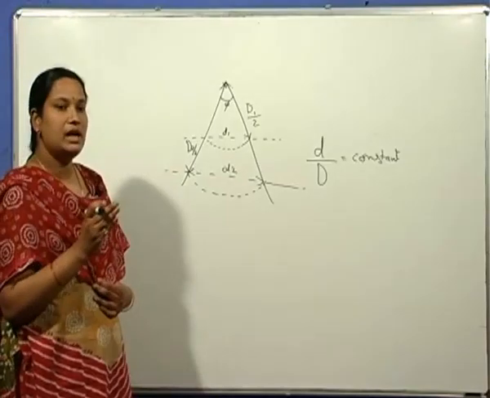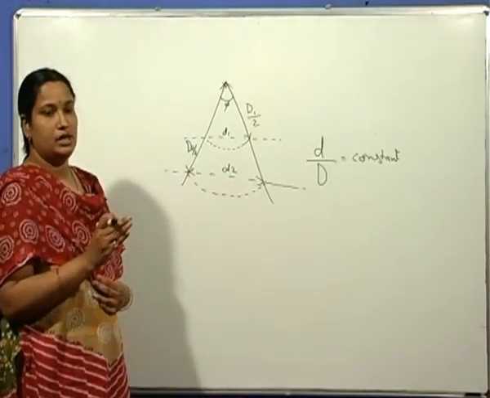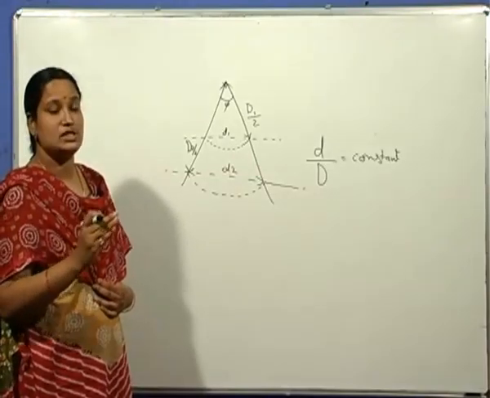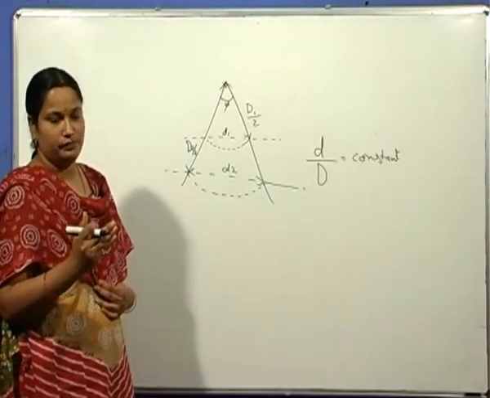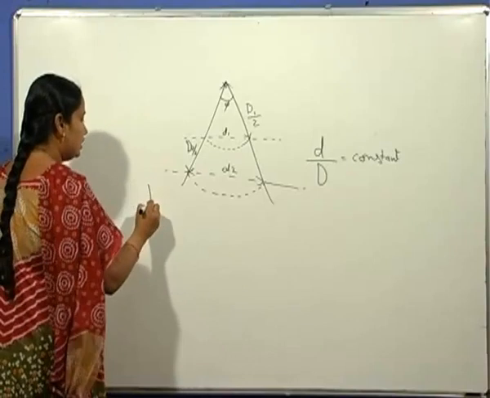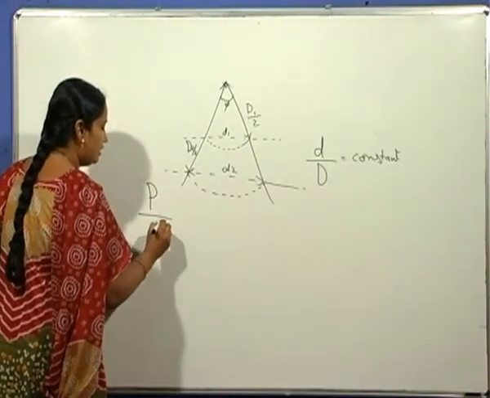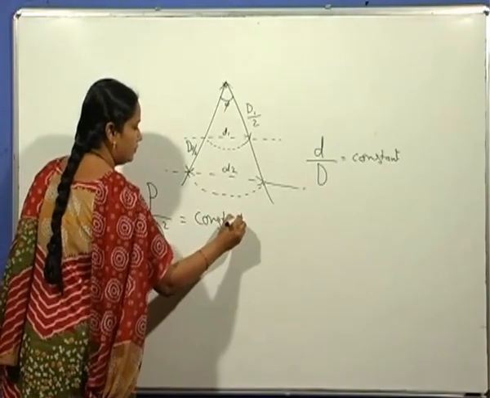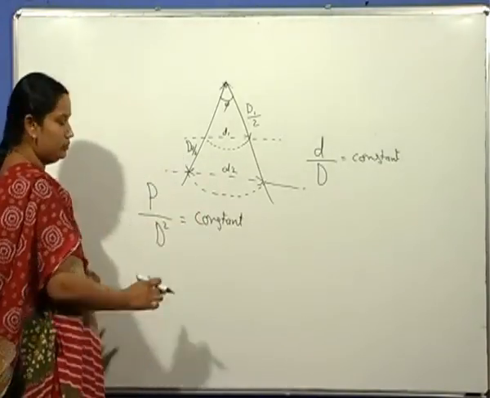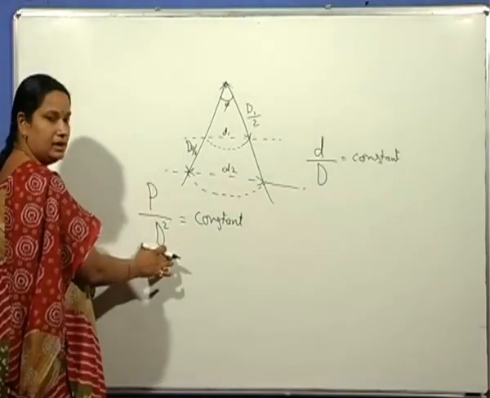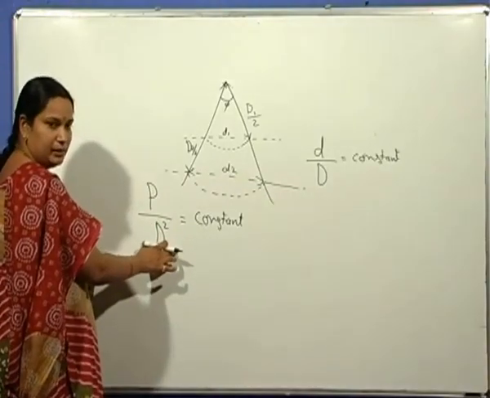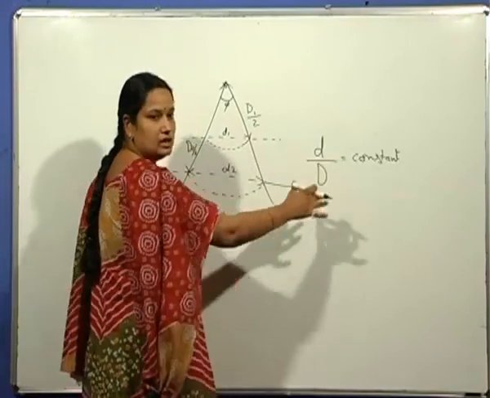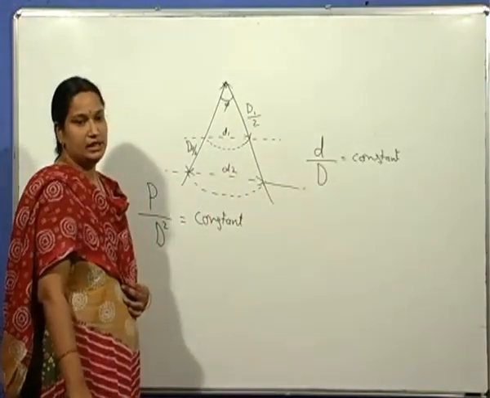So the Brinell hardness number does not depend upon the load, it does not vary with the load if the ratio P by D square is maintained constant. By maintaining this ratio, load divided by the diameter of indenter squared, constant, one can produce geometrically similar indentations.